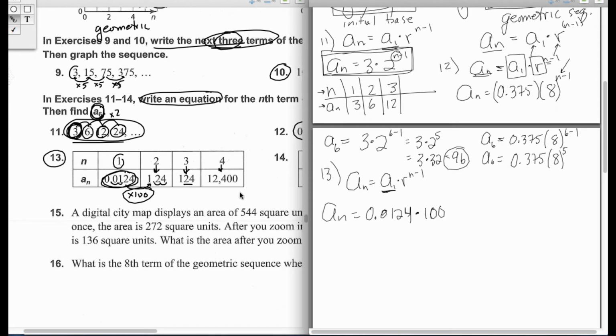And to the n minus 1. I'll put these in parentheses just so it's a little clearer. Now, if you wanted to find the sixth term, put 6 in for n. So that would be 0.0124 times 100 to the 6 minus 1. That's 5. So you have to take 0.0124 times 100 five times.